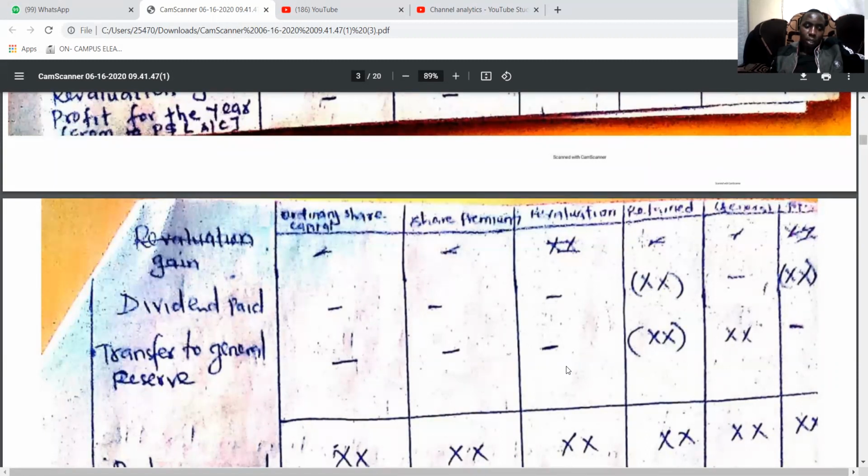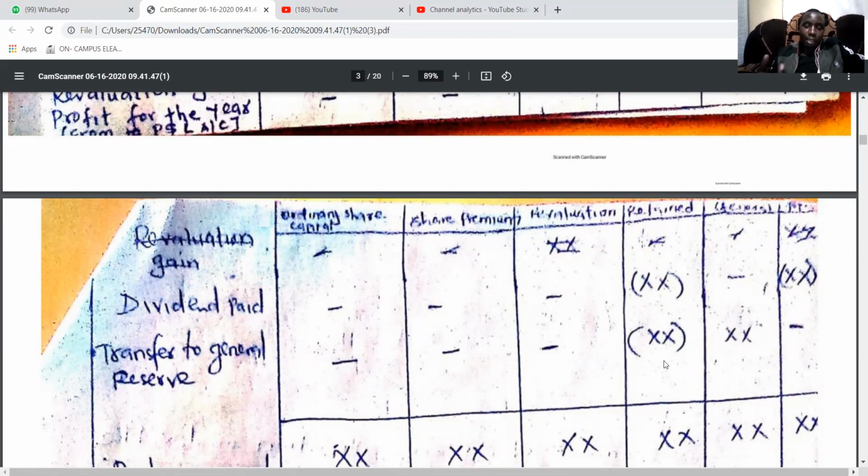So this is what I was talking about, the transfer. Transfer to general reserve is just some amount which is taken. But for you to do that, the examiner must tell you that there was something they transferred. So that amount which is transferred is subtracted from the retained earnings, from our profit, and added to the general reserve column.